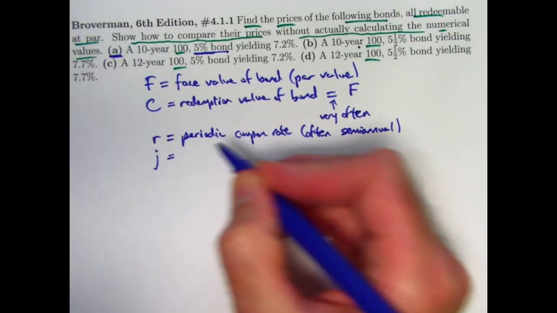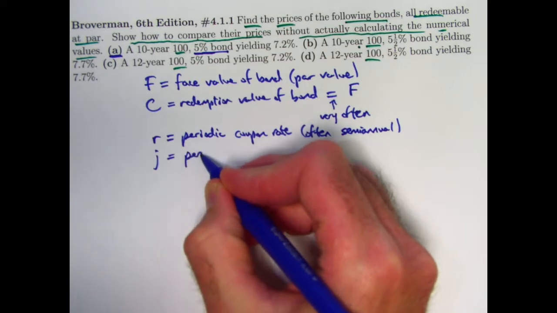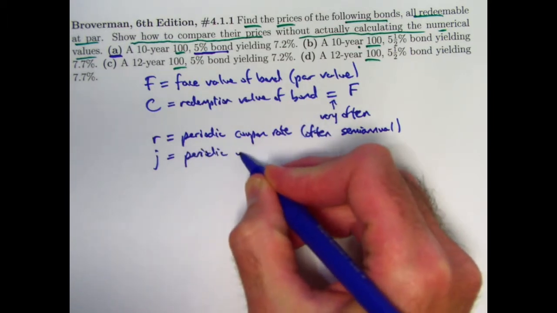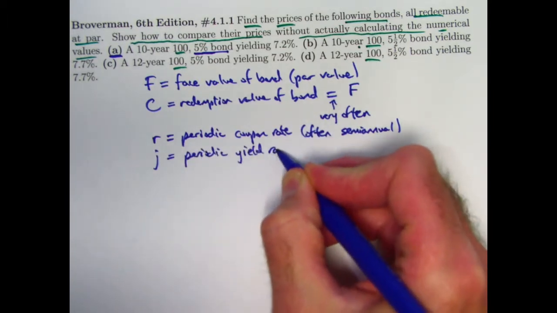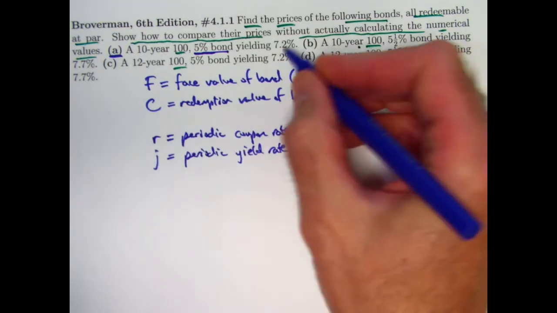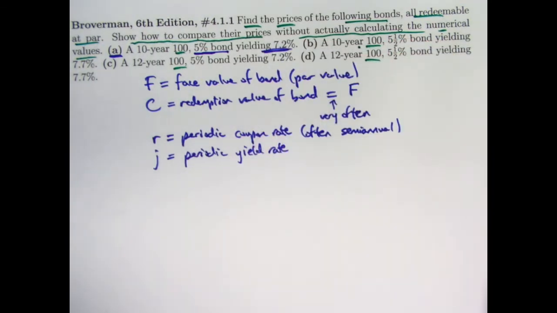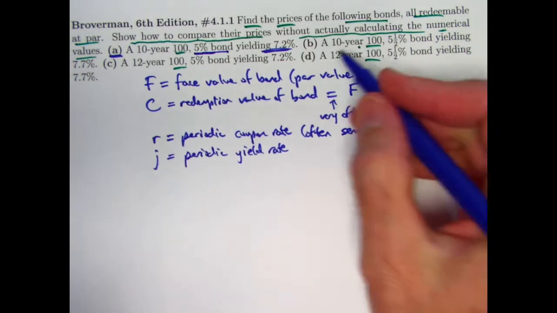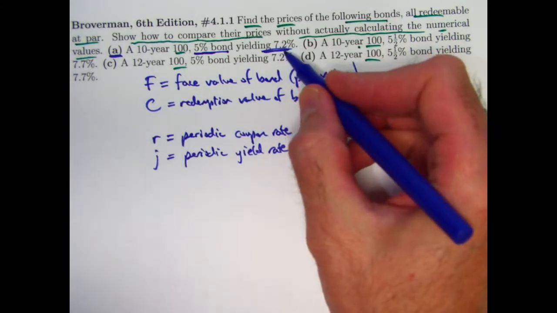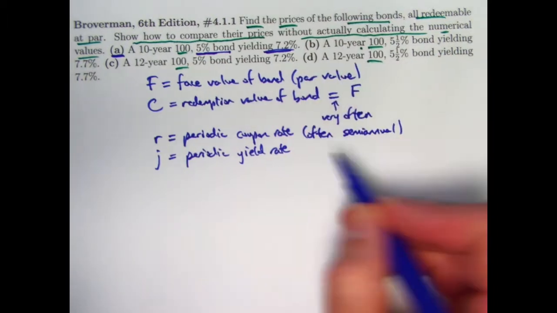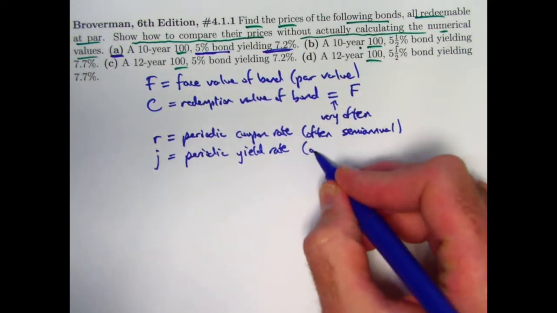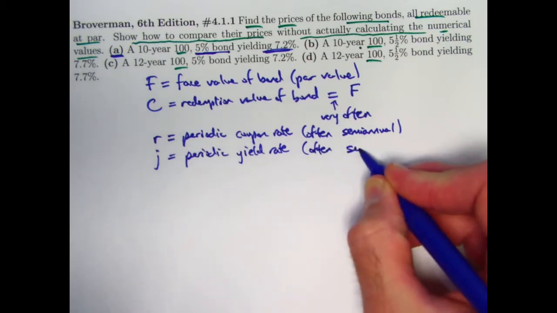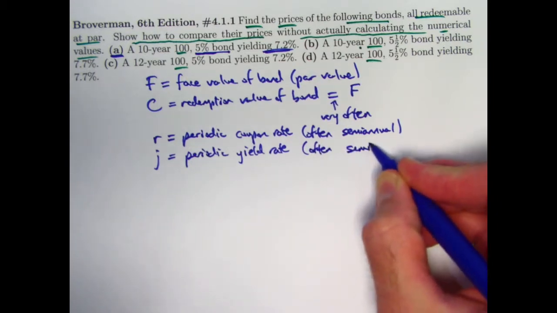The letter lowercase j will represent the periodic yield rate. Once again, typically, the going assumption at least is going to be that that's a semi-annual yield rate. This 7.2% up here represents a nominal annual rate, so we need to divide that by 2 to get the corresponding semi-annual yield rate.